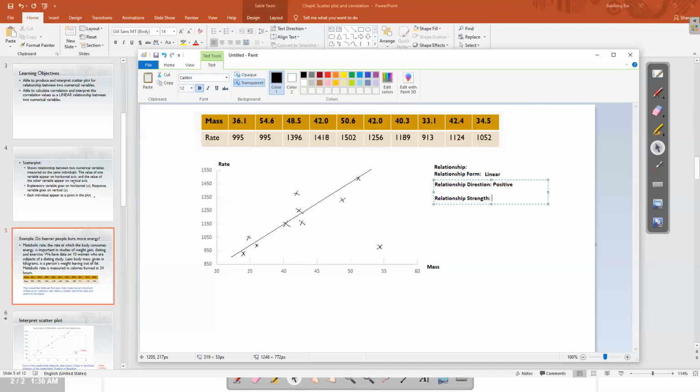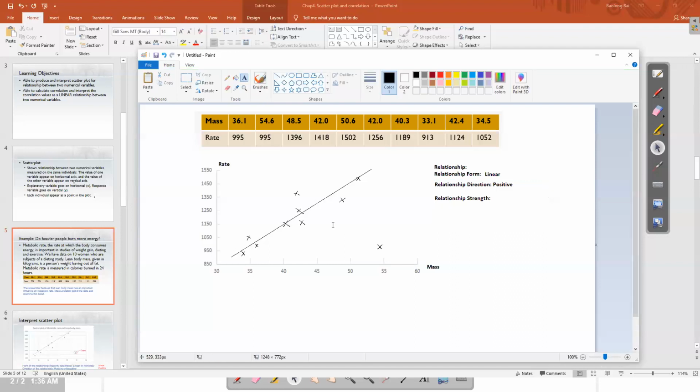And the next thing we can find is relationship strength. So we know there is a relationship, but is it a strong relationship or is it a weak relationship, right? Here it relates to a term called deviation. The deviation is the distance between the scatter points and the form in the y direction, okay?